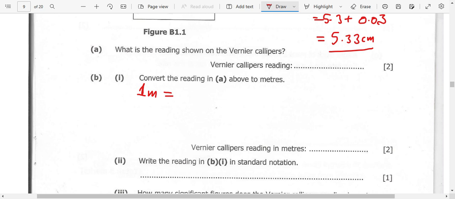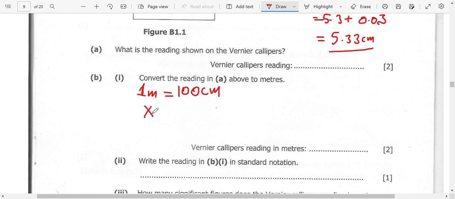Okay. So a ruler has got how many centimeters? A 1 meter ruler. 100 centimeters. So it's 100. 1 meter is always 100 centimeters.